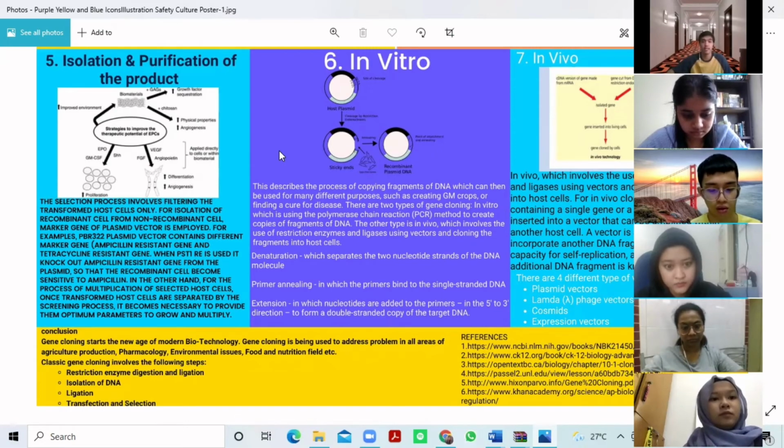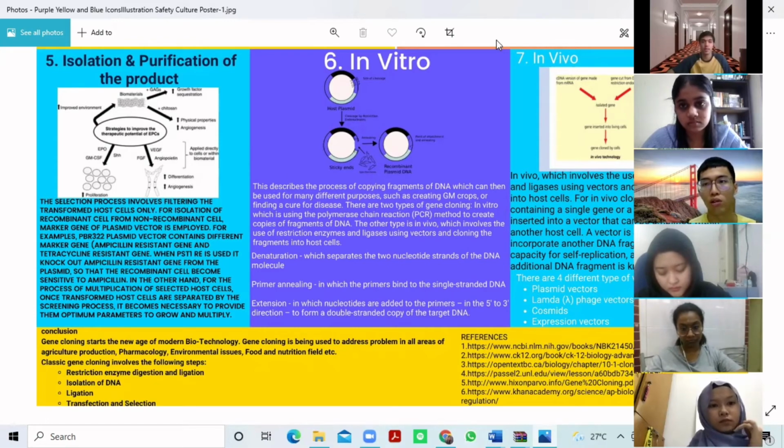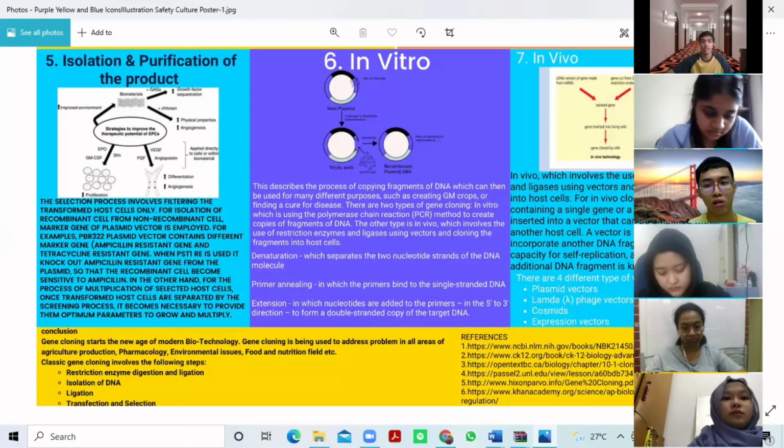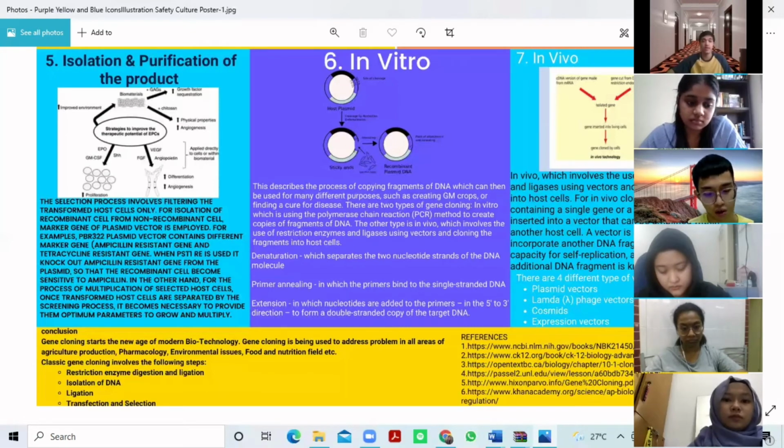The other type is in vivo, which involves the use of restriction enzymes and ligases using vectors and cloning the fragments into host cells. So the polymerase chain reaction, or the in vitro method, is for making many copies of a specific section of DNA without the need for vectors or host cells.